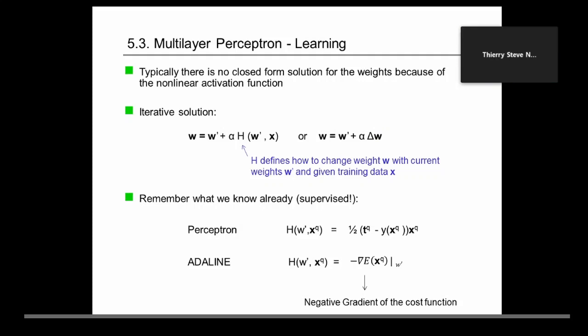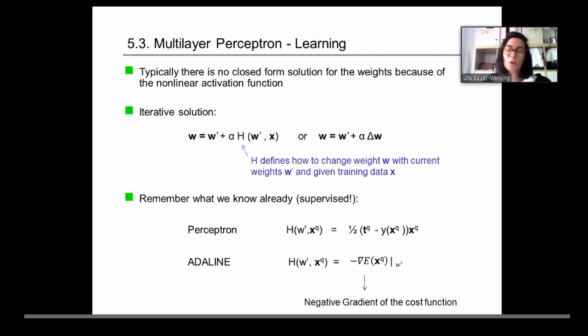Okay. Yes? Is it possible to combine the perceptron with Oja's algorithm? The audio was a bit broken. I just heard Oja and perceptron. I asked if it's possible to combine both algorithms.